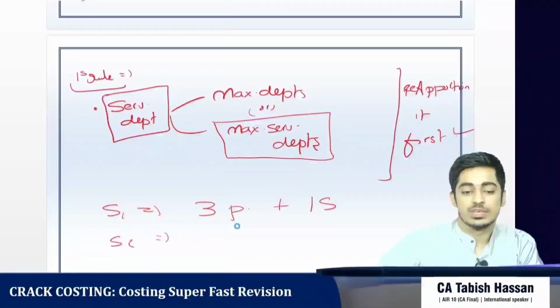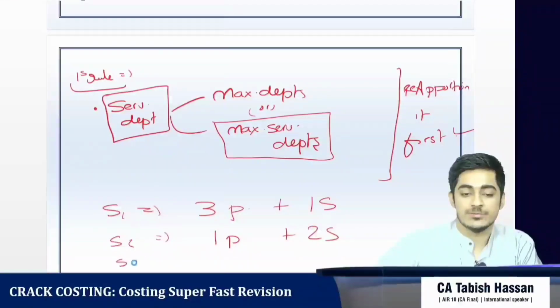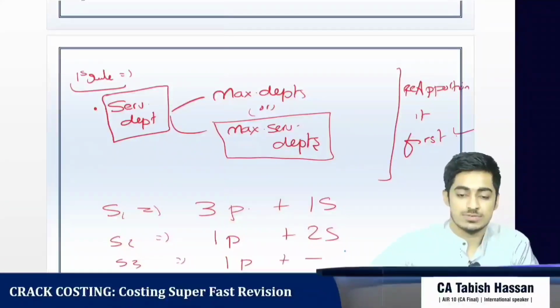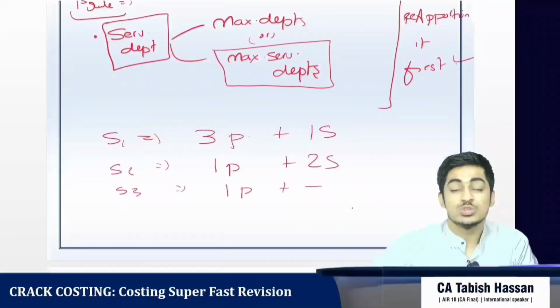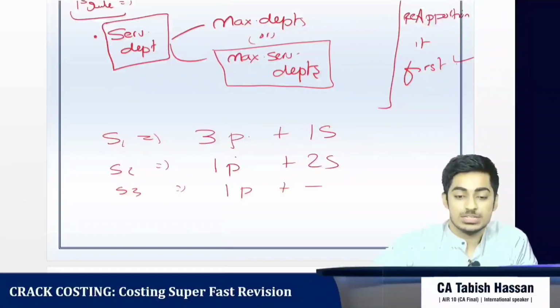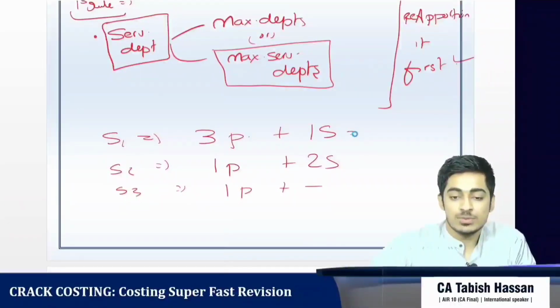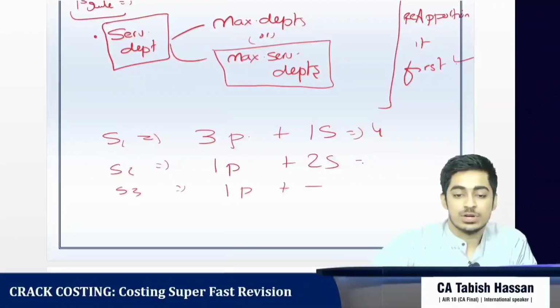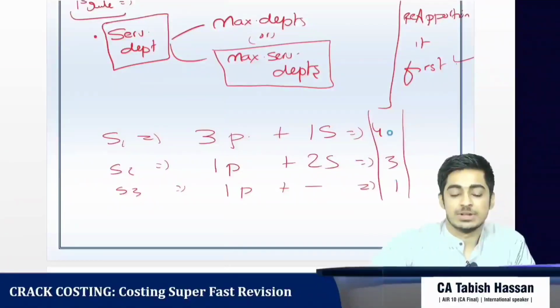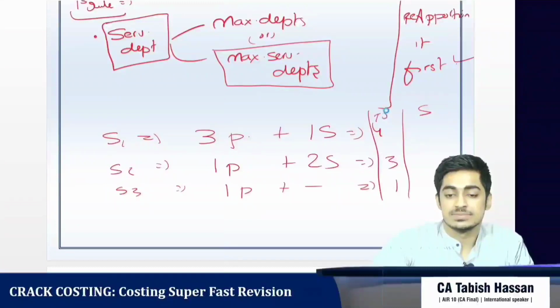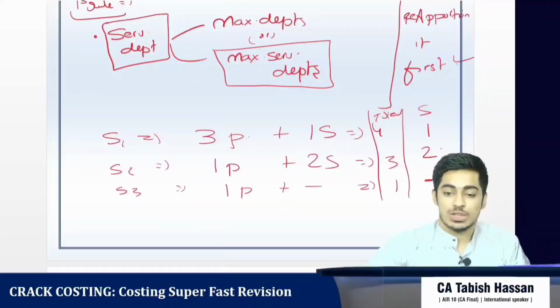We have S2 which provides service to one production department plus two service departments, and we have S3 which provides service to one production department and no service department. Which one do we distribute first? If we take on total basis, it is total 4 departments, 3 departments and 1 department. And if you take only the service departments, we give it 1, 2 and 0.